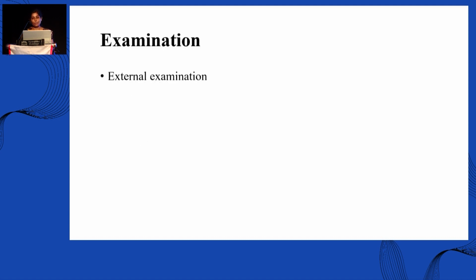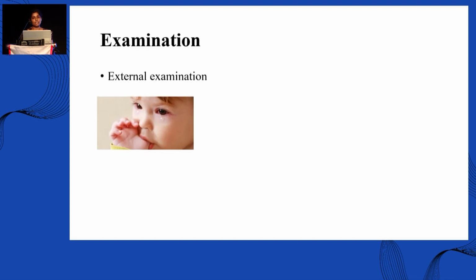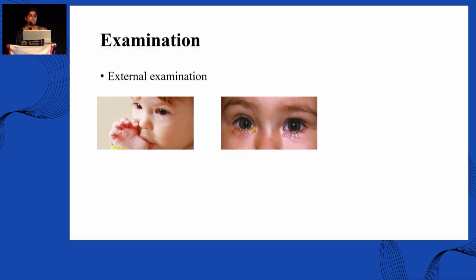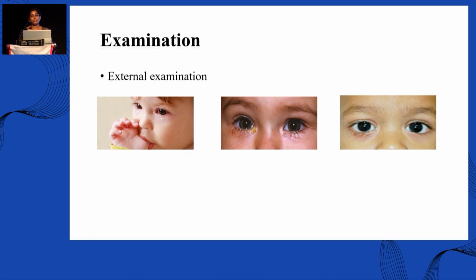Then the examination. First we have to look at the child and externally see whether the child is having conjunctival congestion, which is suggestive of conjunctivitis, and periocular excoriation, and we have to assess the tear film of the child. Usually the tear film height is less than 1 millimeter, but in a child with epiphora, especially congenital nasolacrimal duct obstruction, it will be more than 2 millimeters.